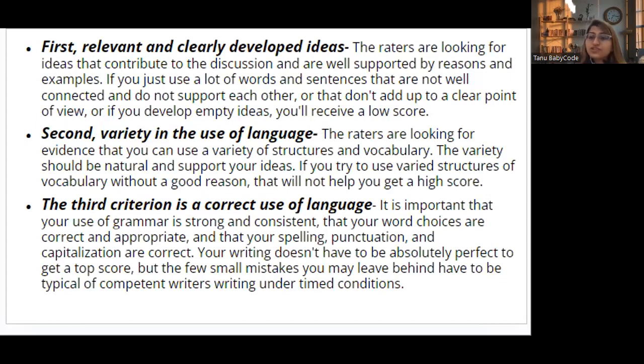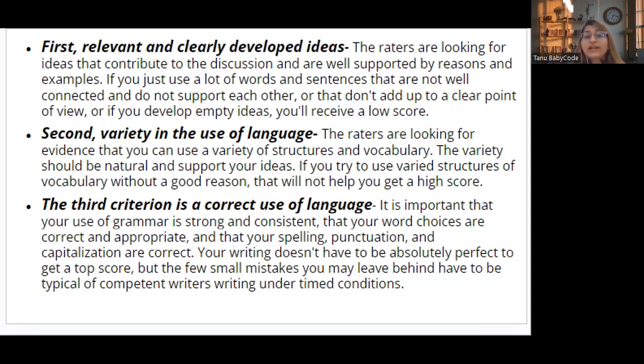If you just use a lot of words and sentences that are not well connected, that do not support each other, or that don't add up to a clear point of view, or if you have developed any empty ideas, you will receive a low score. So your ideas need to be relevant and they need to be clearly developed as well.